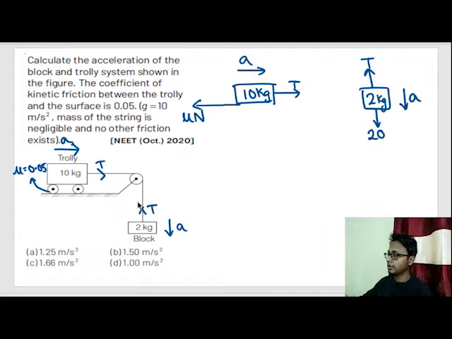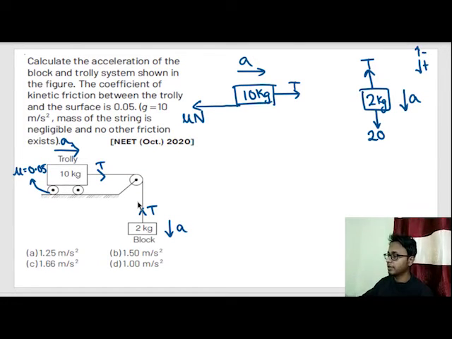Downward is positive, upward is negative, right is positive, and left is negative. So we start with this body. T minus mu n is equal to mass into acceleration.